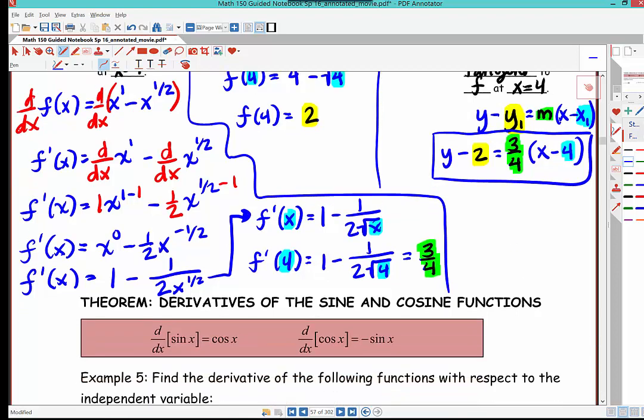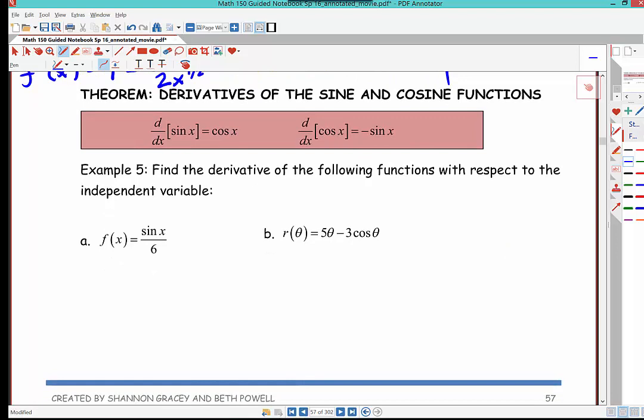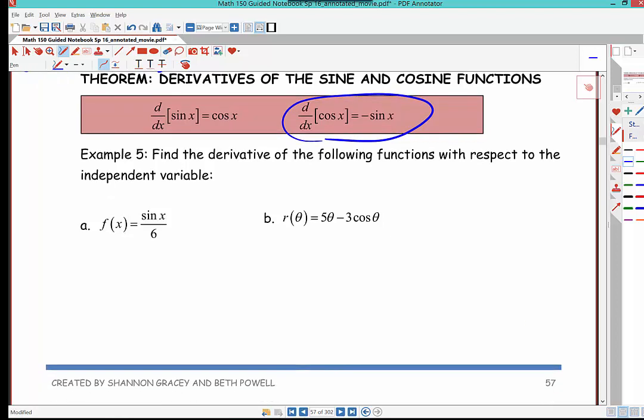Okay, we did it. All right, so derivatives of the sine and cosine function. I showed you the proof for the second one over here. And it turns out the derivative with respect to x of sine at x is cosine at x. So now we don't need to use our limit definition. So let's just go ahead and take a look at what we have. So f at x here, couldn't we write this as 1/6, which is a scalar, times sine at x? Good.